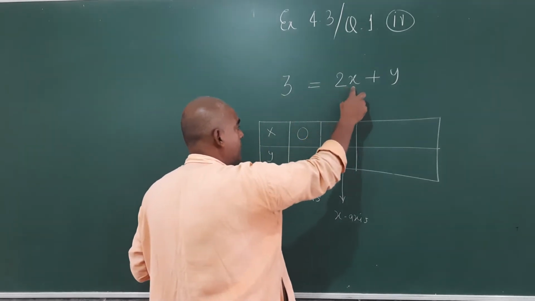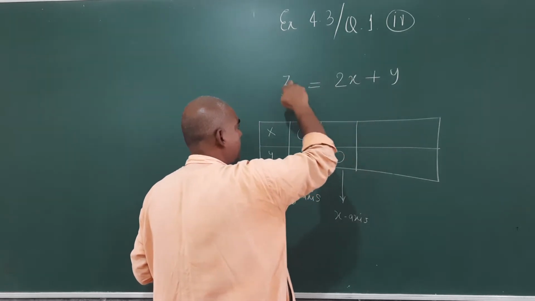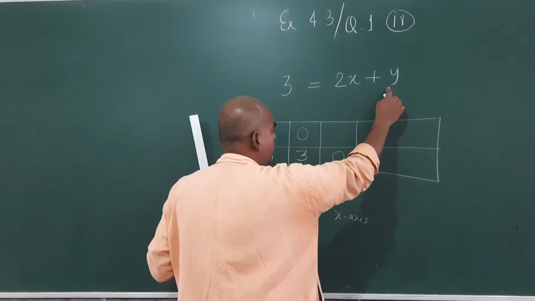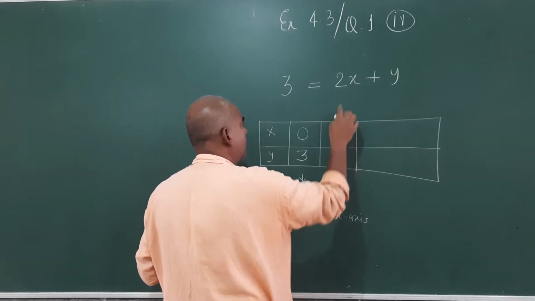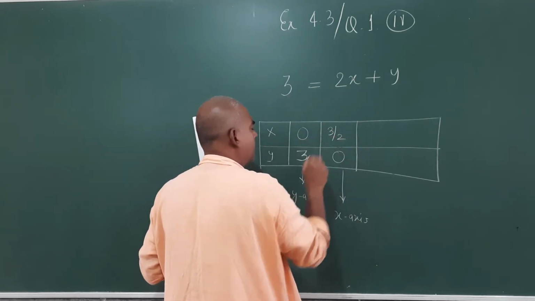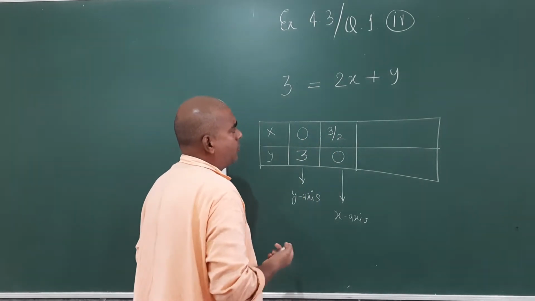So when x equal to 0, you will get y is equal to 3. It's very easy to solve. When y is equal to 0, you will get x equal to 3 by 2. Sometimes it is hard to draw, so we take another value.